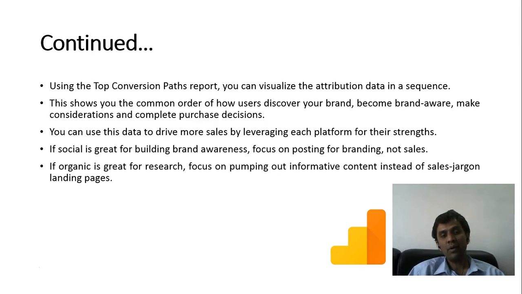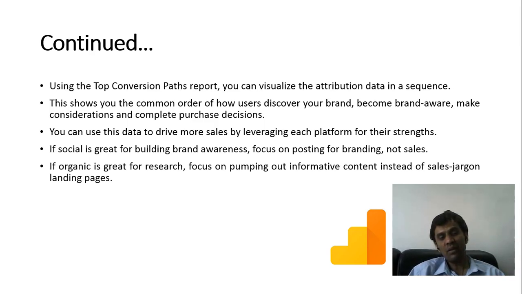This shows you the common order of how users discover your brand, become brand aware, make consideration and complete the purchase decision. You can use this data to drive more sales by leveraging each platform for their strengths.